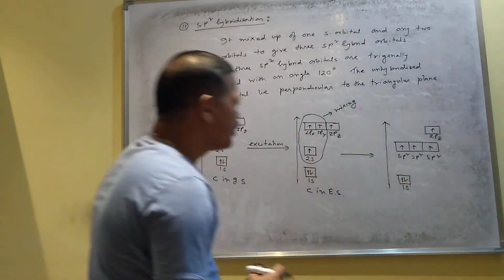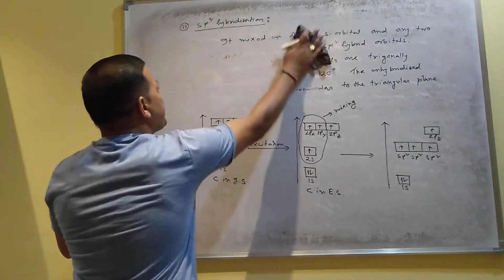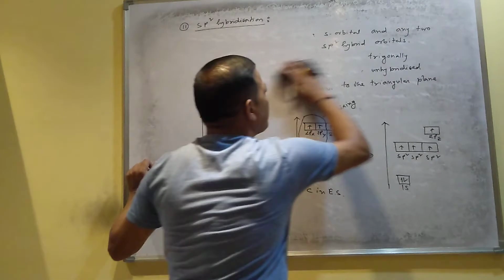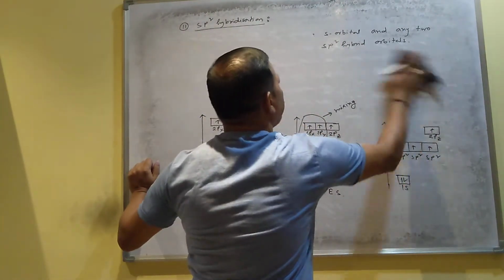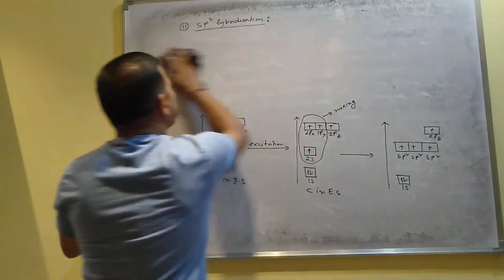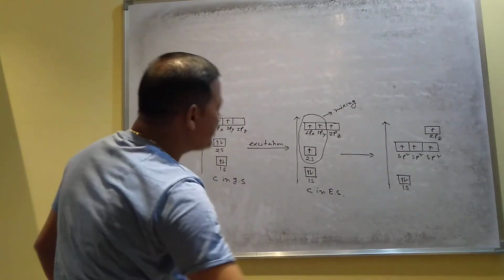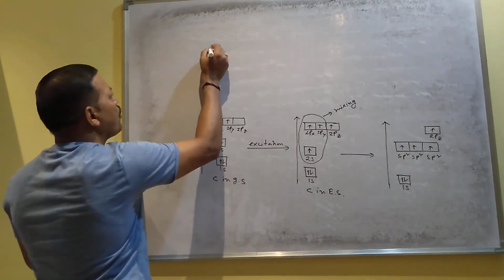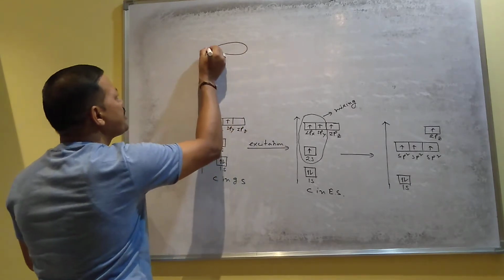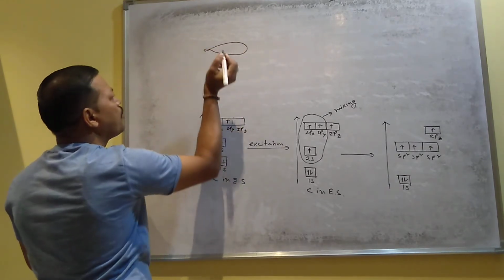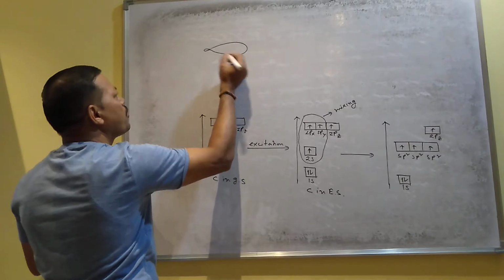Now these 3 sp2 hybrid orbitals are trigonally arranged. Trigonally arranged means their structure is like this. One will be present like this. This is one sp2.